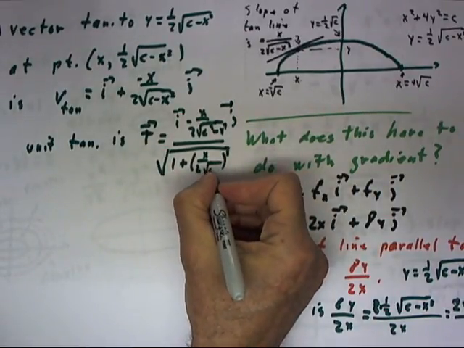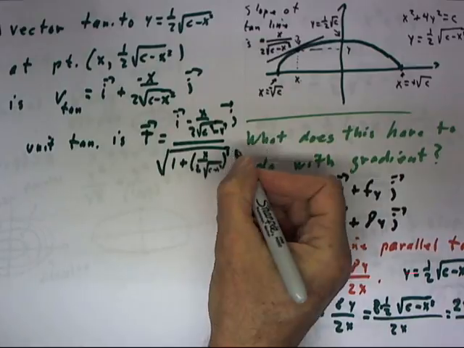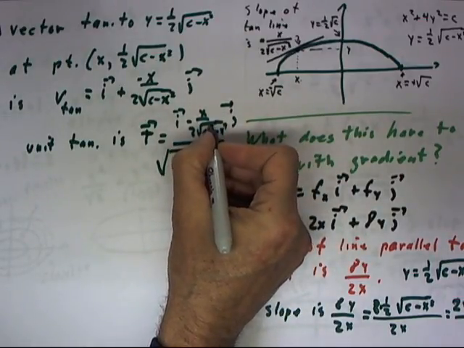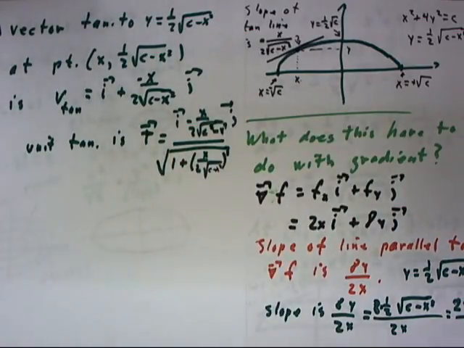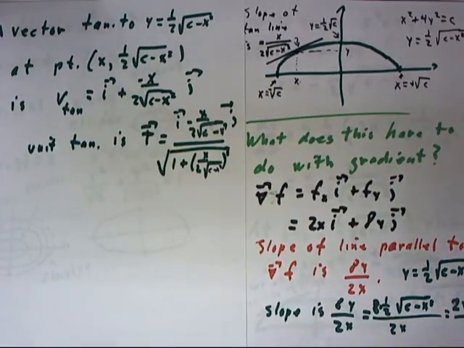That's c minus x squared, and it's not c squared, it's just c minus x squared. Made a repair there.